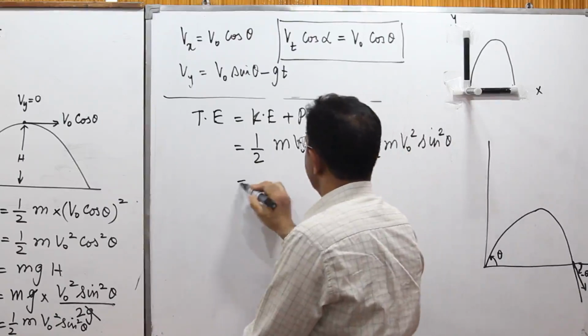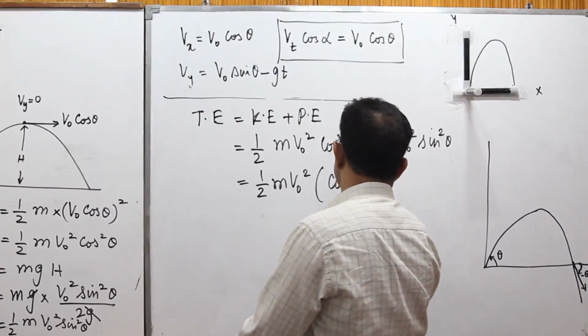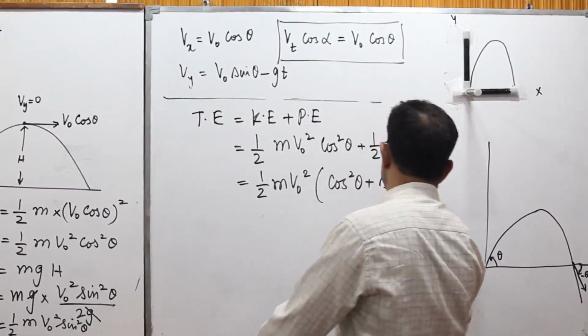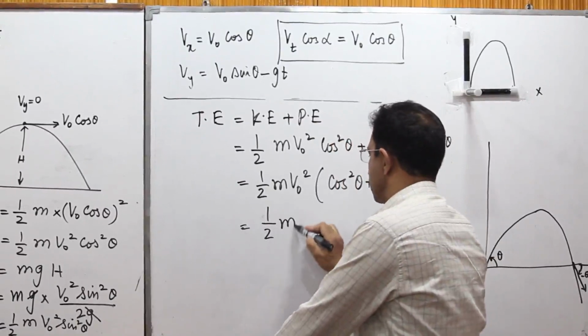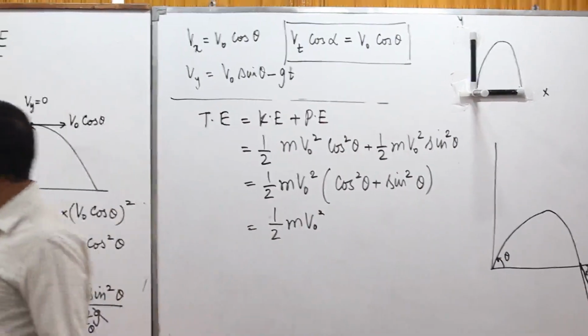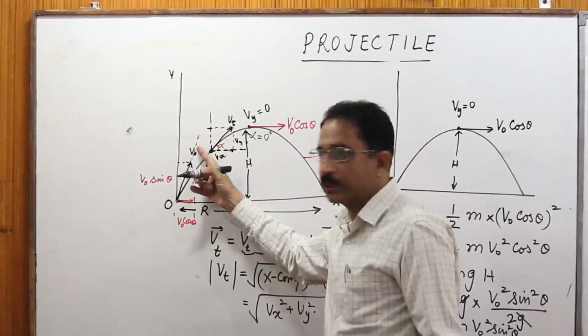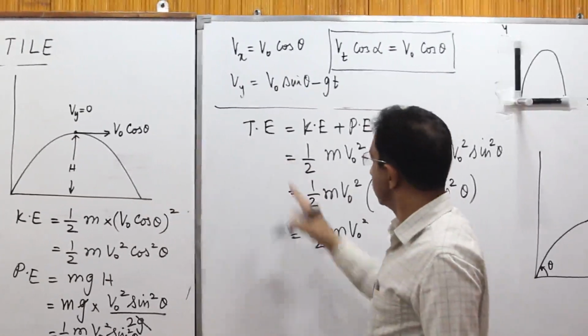If you take 1/2 m v0 square common, you have cos square theta plus sin square theta, that makes it 1/2 m v0 square. So v0 is the initial velocity with which the thrower projected the projectile, and we take the square of that same velocity, and that gives us the total energy.